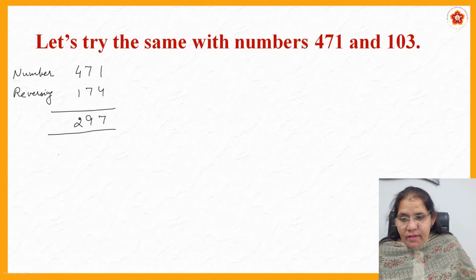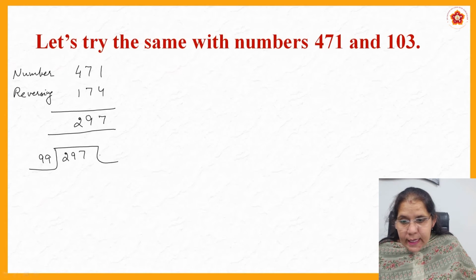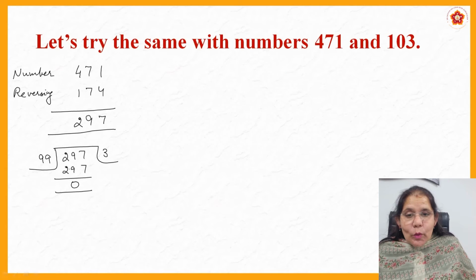So 297. And now we have to see whether 297 is completely divisible by 99 or not. Let's do it by 3. 3 nines are 27, 2 carry. 3 nines are 27 plus 2 is 29. So the remainder is 0.